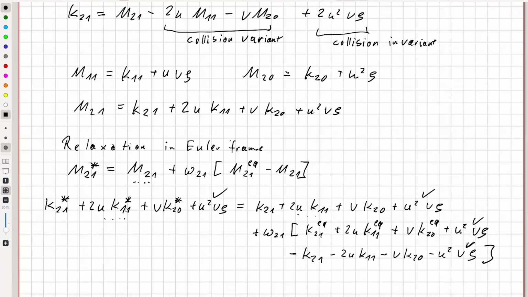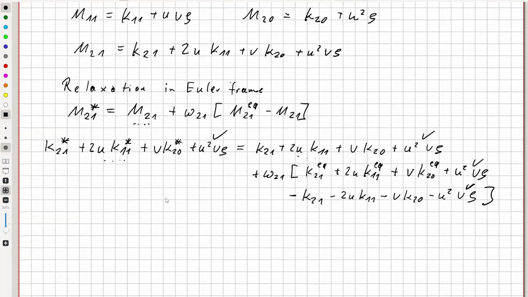Now I have to decide what these post-collision states are. They are obtained through the collision operator. We have seen that they are Galilean invariant, so I can just write them down.